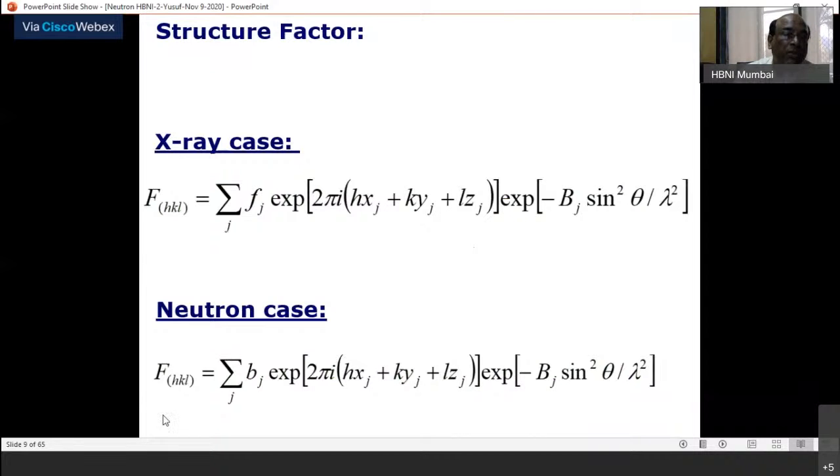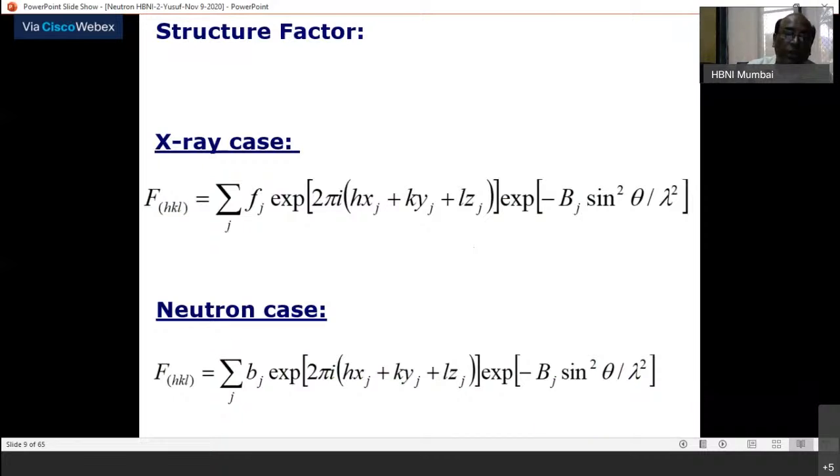Then what you get is something called the structure factor. This is the critical level of understanding. For a given reflection HKL, this is the scattering length b, this is the phase factor where you have the HKL peak and the position of that particular jth atom, xj, yj, zj, and this is your temperature factor, the Debye factor, due to the root mean square deviation of the atoms from their mean position.